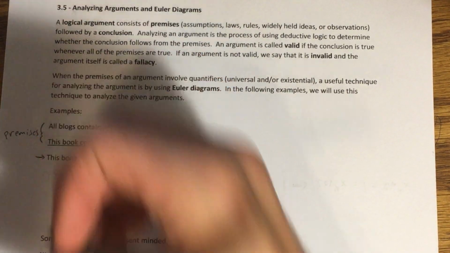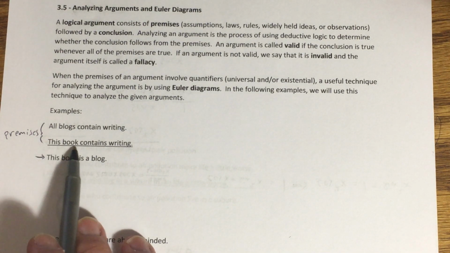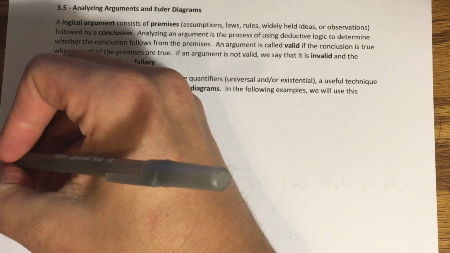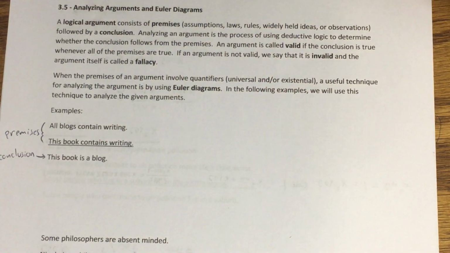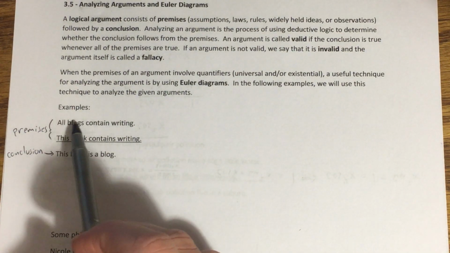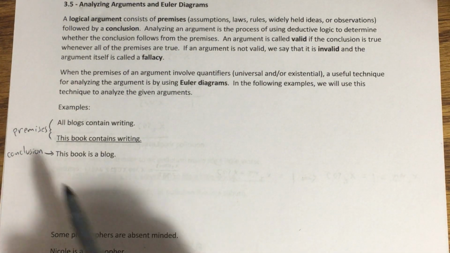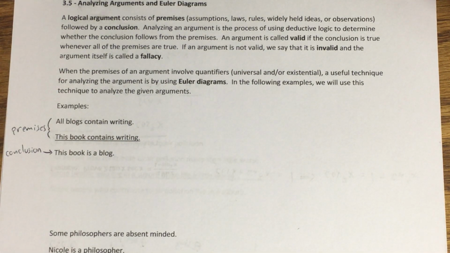And then the last sentence that follows, or that's below this line right here, that's the conclusion. So the idea here is to take a look at these premises and try to determine if these premises are true, is the conclusion true?